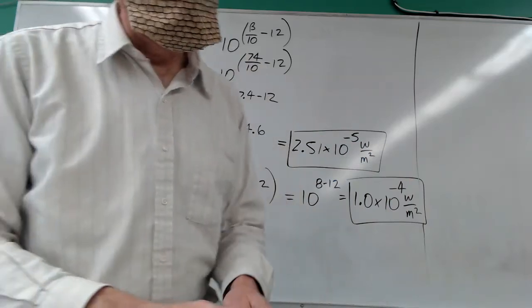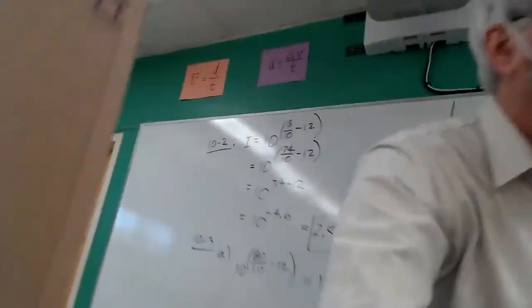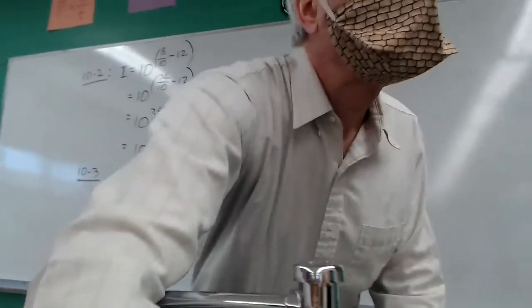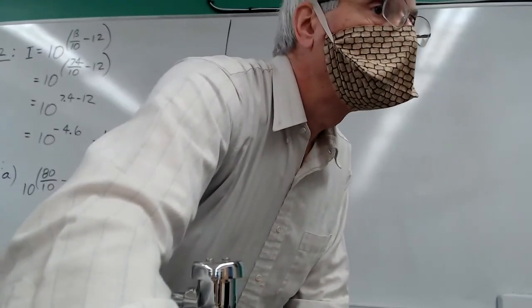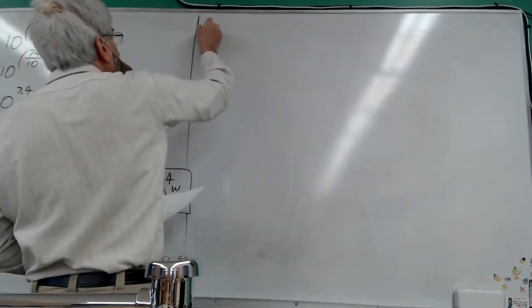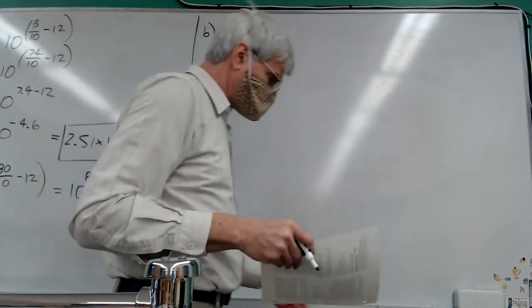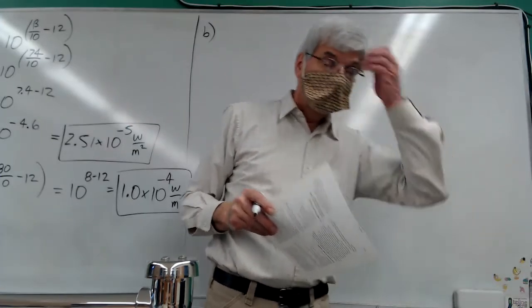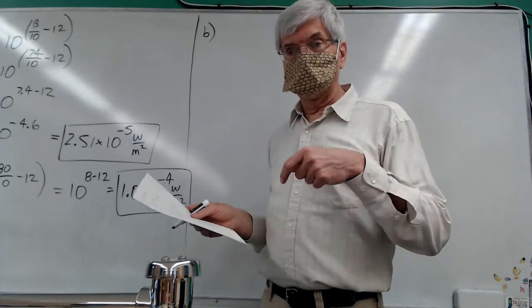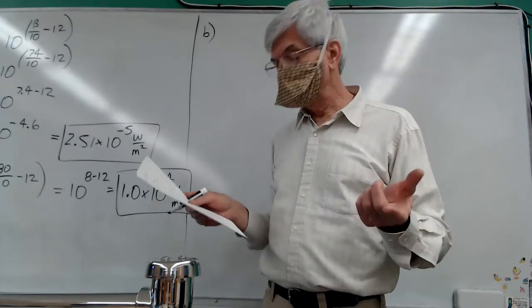So then to get the intensity 40 meters from the machine. On the formula sheet and in the notes, it calls the intensities I1 and I2.